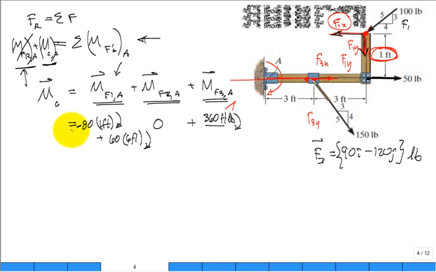So I'll have minus 80 plus 360, right? 280. All right.